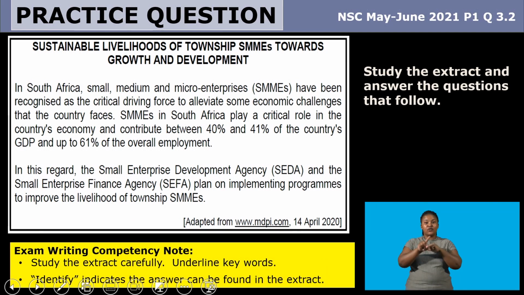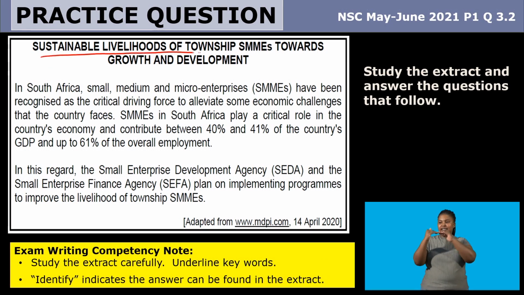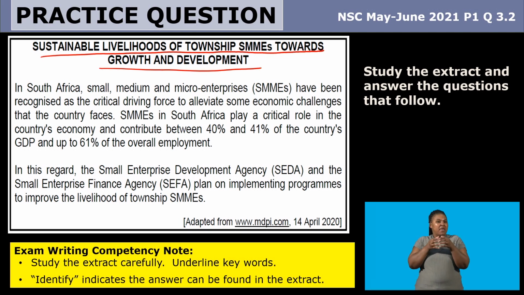Next question, study the extract and answer the questions that follow. The heading: Sustainable Livelihoods of Township SMMEs Towards Growth and Development. The extract reads, in South Africa, small, medium, and micro enterprises, the SMMEs, have been recognized as the critical driving force to alleviate some economic challenges that the country faces.